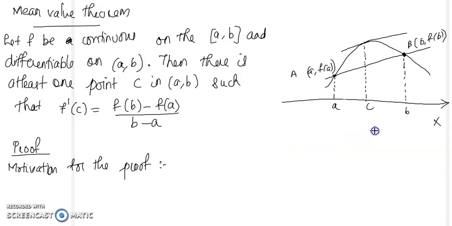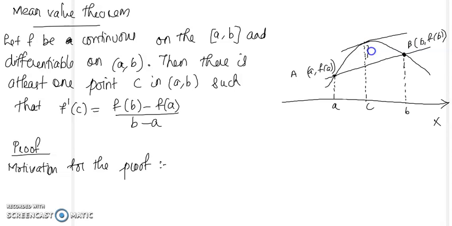The proof arises from the fact that when you have the secant line parallel to the tangent line, when you look at the vertical distance between the secant line and the tangent line, this distance will be maximum when the secant line and tangent line are parallel.